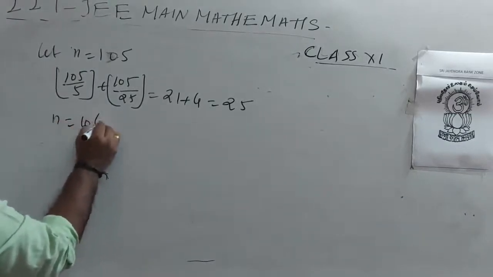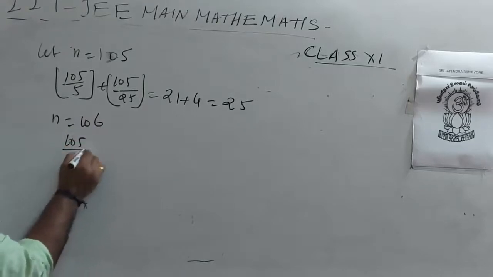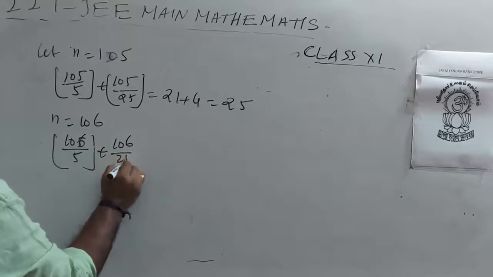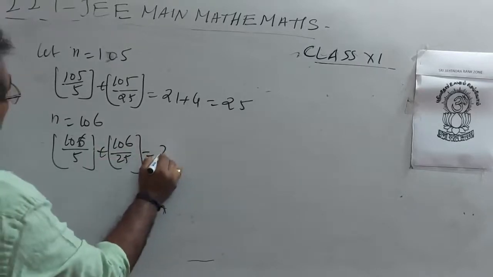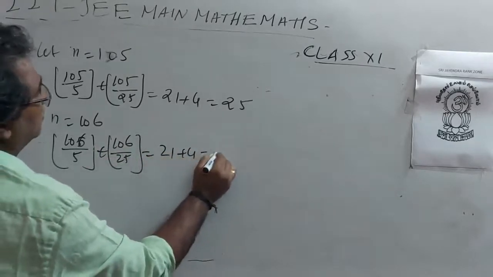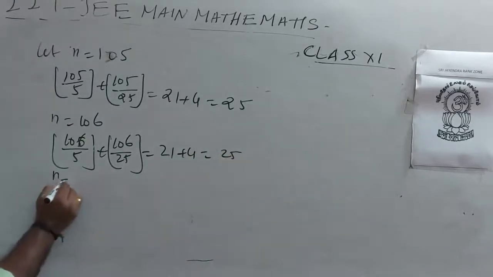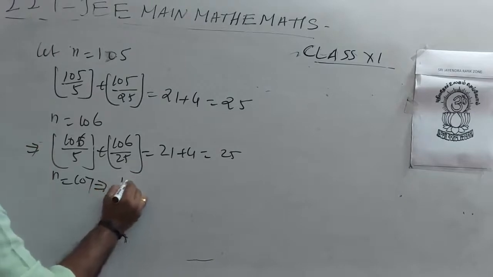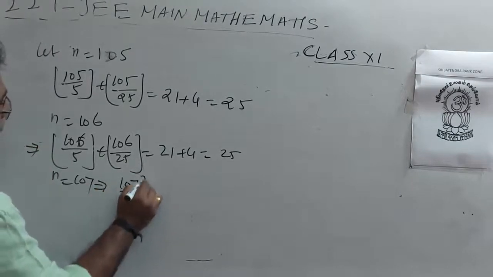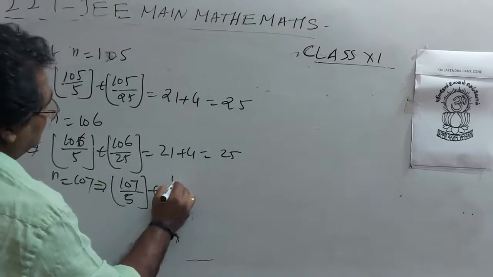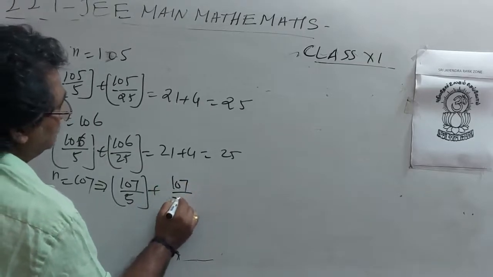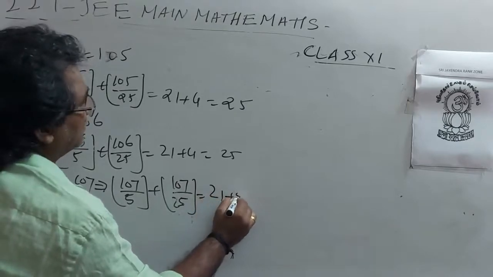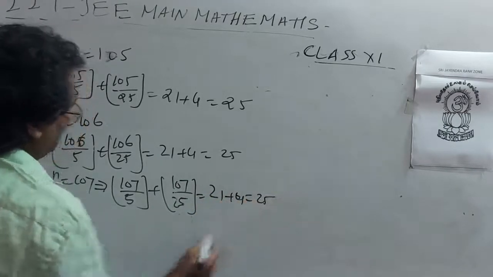N equal to 106: 106 by 5, 106 by 25, that is 21 plus 4, 25.